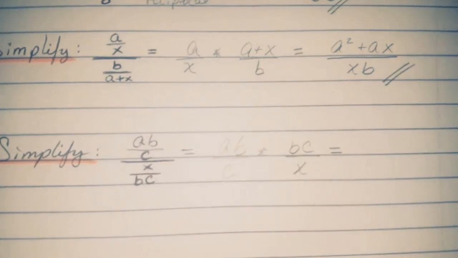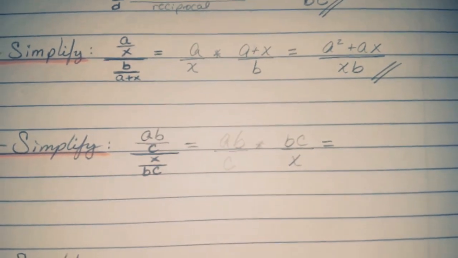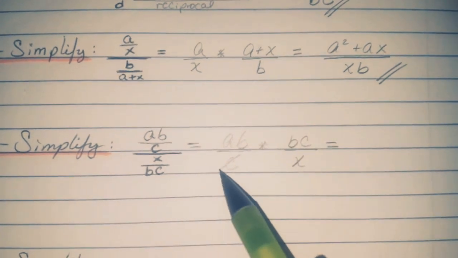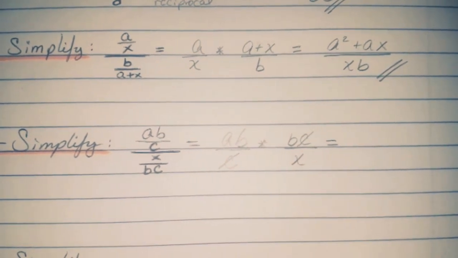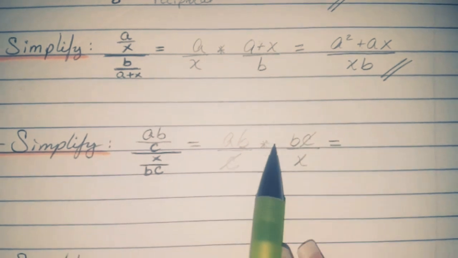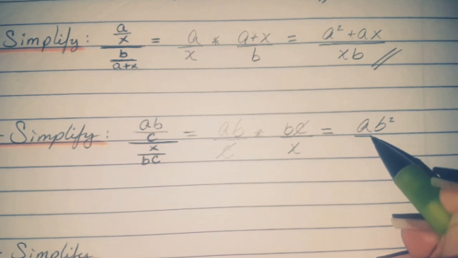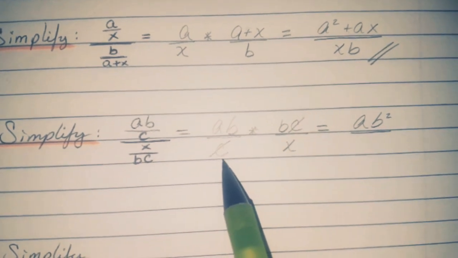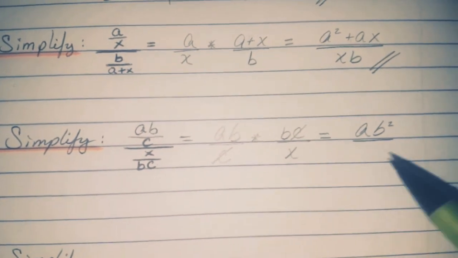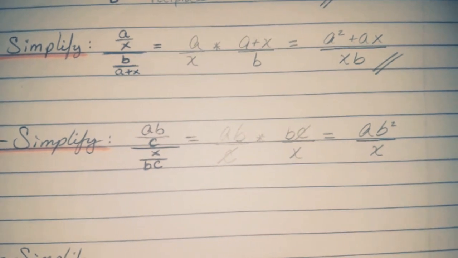So that means I can simplify something. For example, I can simplify this C with this C, right? And now we have AB times B equals AB squared. Since we cancel the C in the denominator, all we have left now is X.